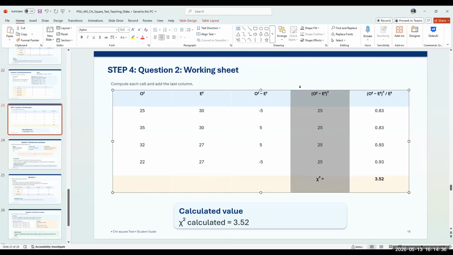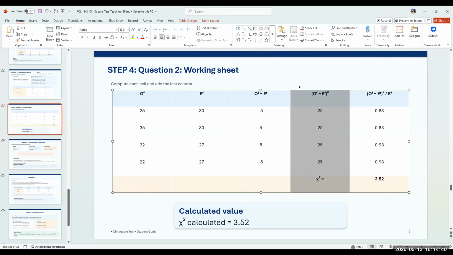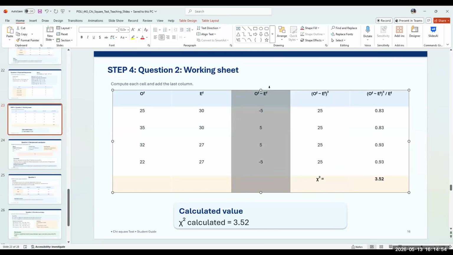Okay, good. So when we got here, we got to a portion of the formula which was OF minus EF squared. So you are going to square all the values for OF minus EF. If you square this, that means you now have OF minus EF squared, because you already solved for OF minus EF.